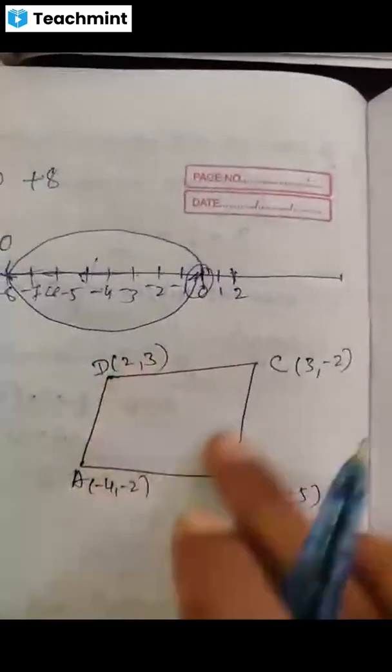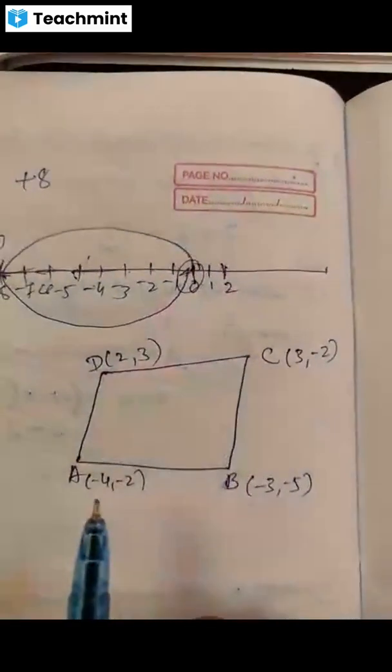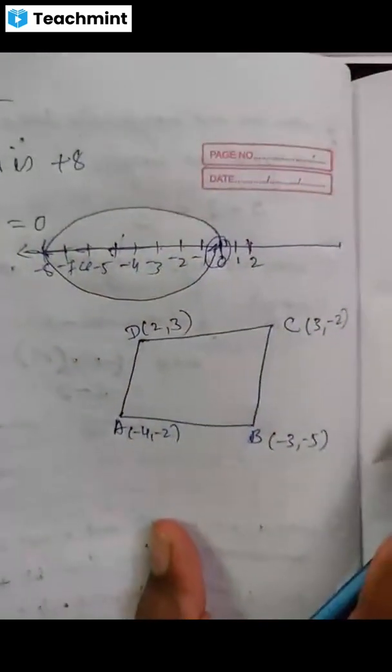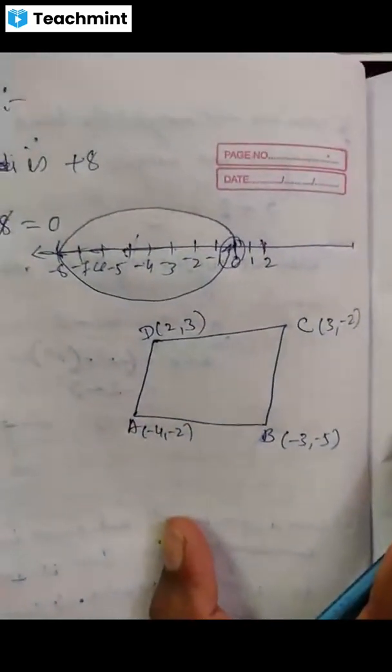So here it is a quadrilateral. How to find the area of a quadrilateral? By using the area of triangle formula. Anyone say?